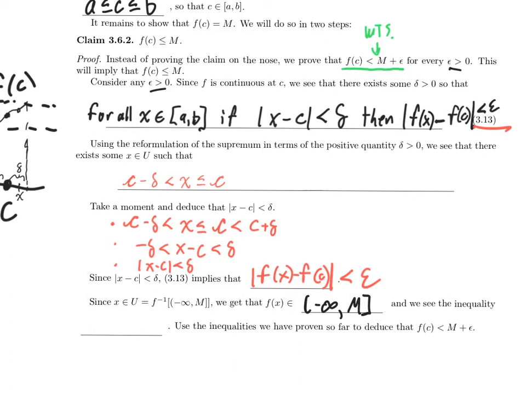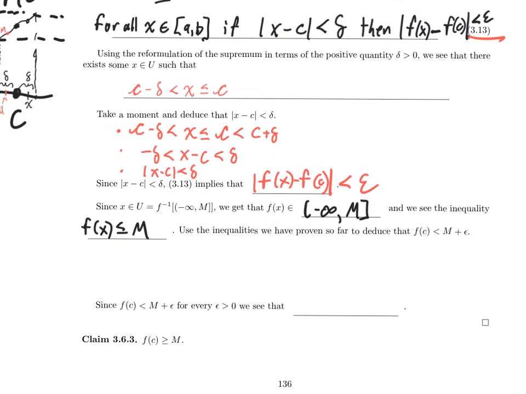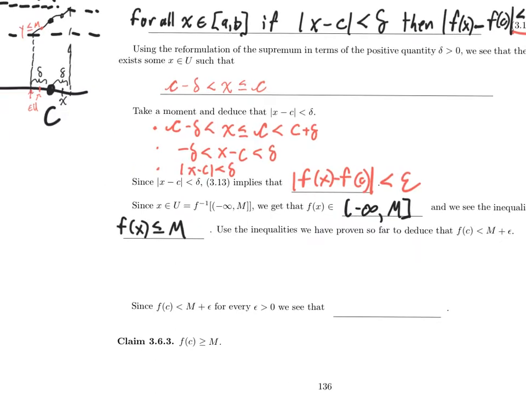We get the inequality that defines that half-infinite closed interval. So what do I have right now? I have right now f of x is less than or equal to m, and f of x minus f of c is less than epsilon.